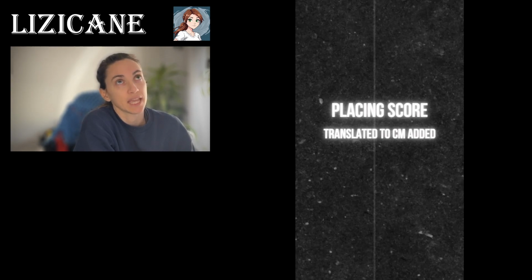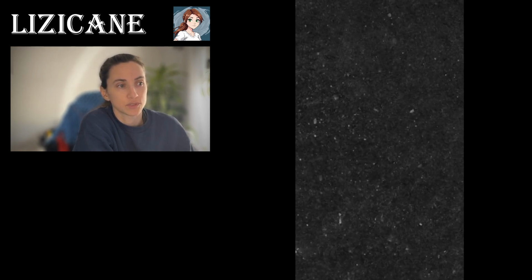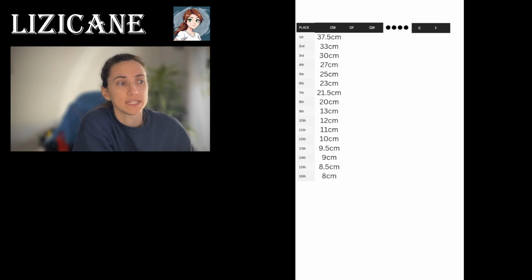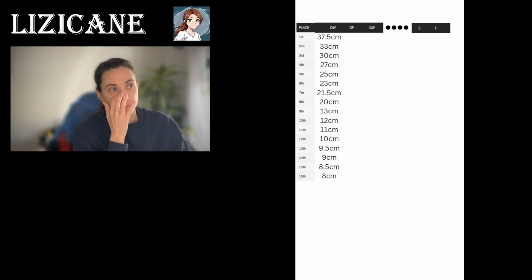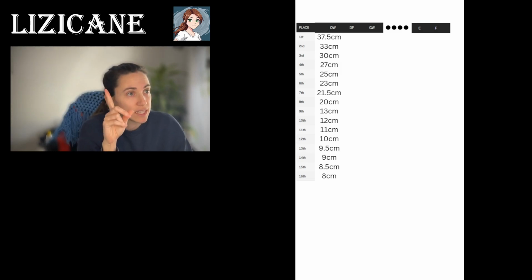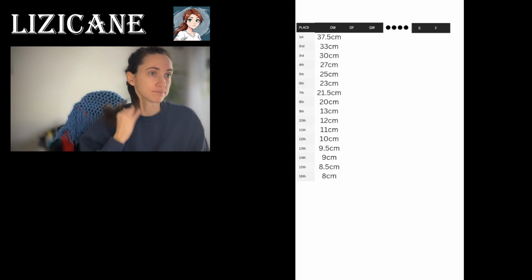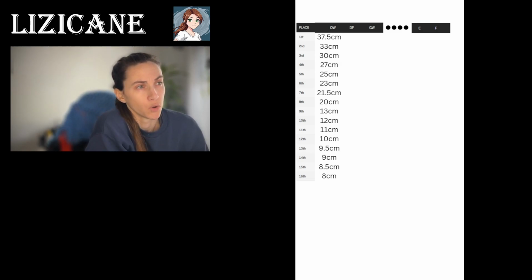If each 10 points is 1 centimeter added, and you're adding all these points to your result, then we need to figure out how many centimeters are being added. So here we've got, for finishing first in the OW meet, 37.5 centimeters added to your mark. That's like over a foot.